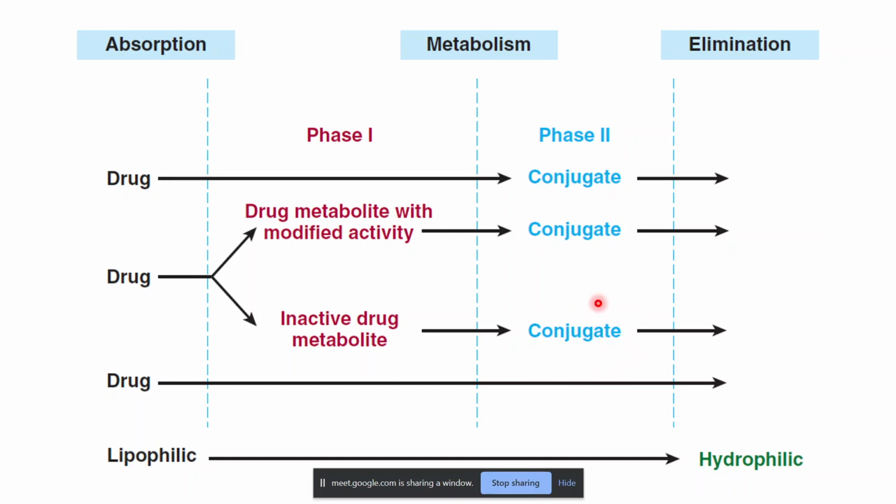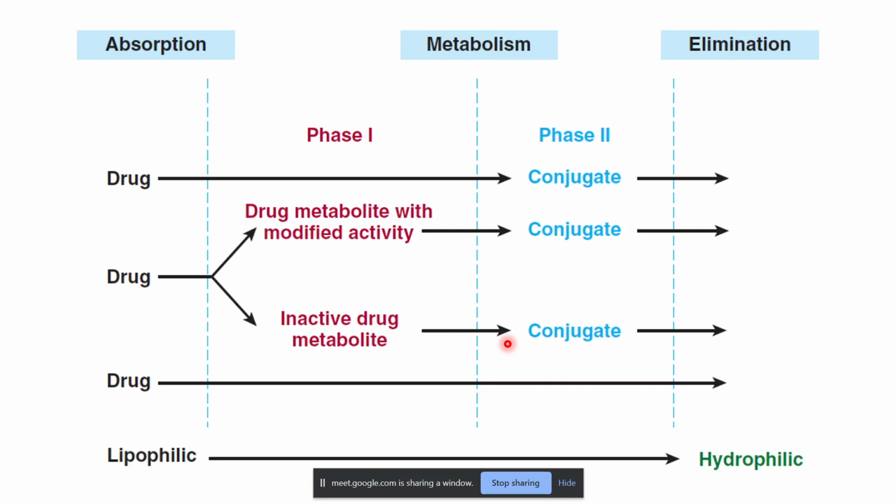Phase 2 reactions are conjugation reactions, and the conjugation is usually done with glucuronic acid, sulfuric acid, acetic acid, or an amino acid. These are combined with the inactive drug metabolite and will form a conjugate.